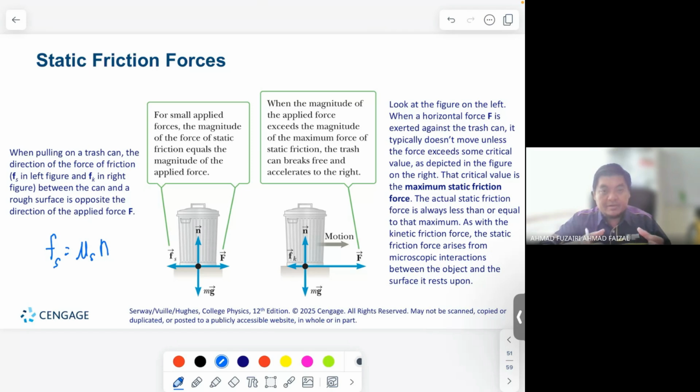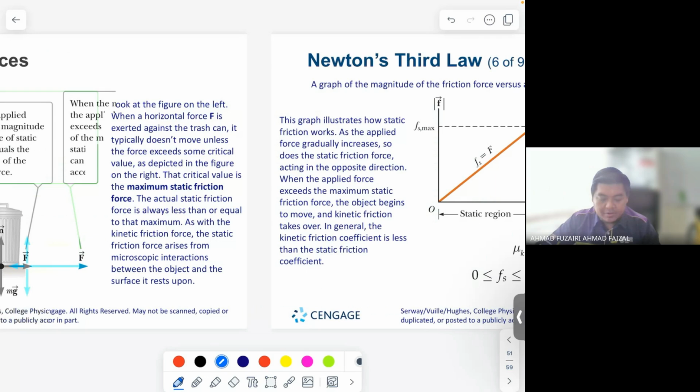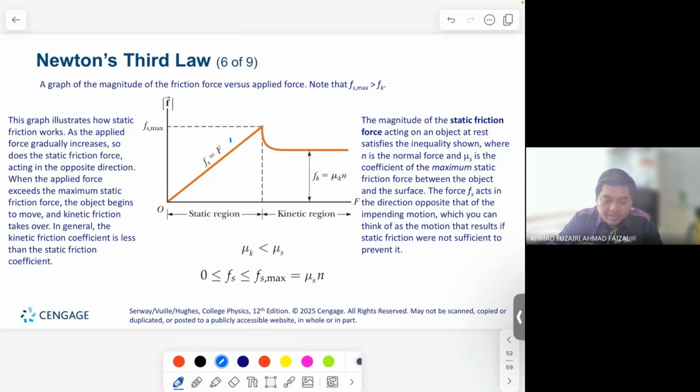This is the situation where the object starts to move due to static friction, as I demonstrated in class. Here you can see a graph of the magnitude of the friction force versus an applied force. It goes to this point where the static friction is maximum, and afterwards we continue with the kinetic friction.